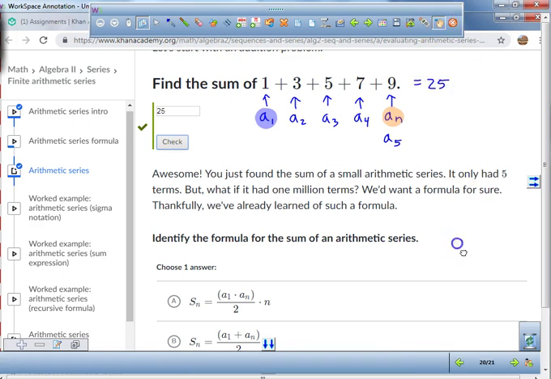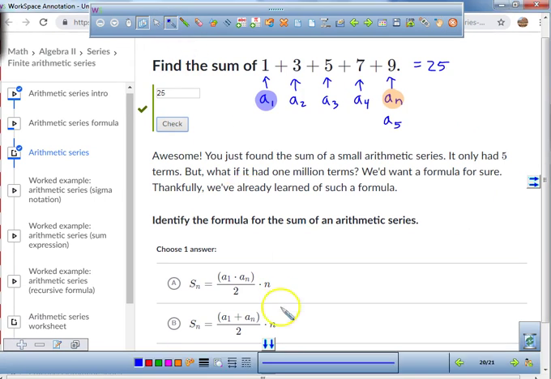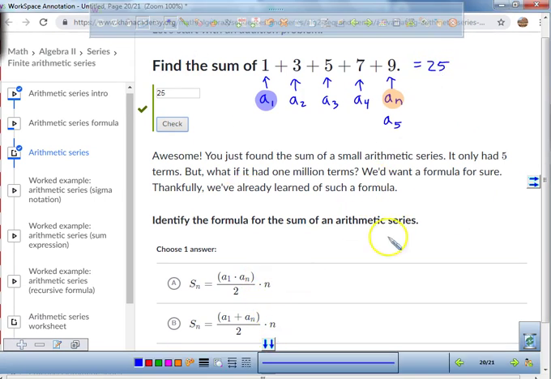So let me show you. We're going to check both of these and we'll see which one equals a 25. Okay? So we're going to say S5 equals, what was our first term? A1 is 1. Plug it in. AN is what? AN is a 9.